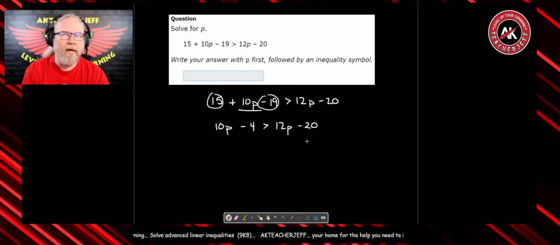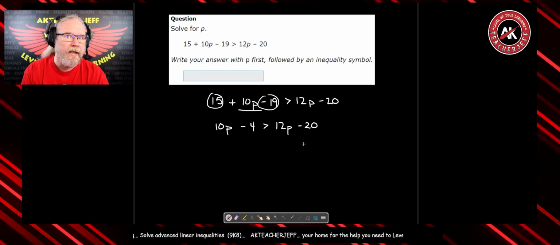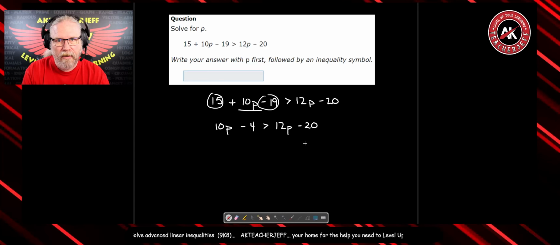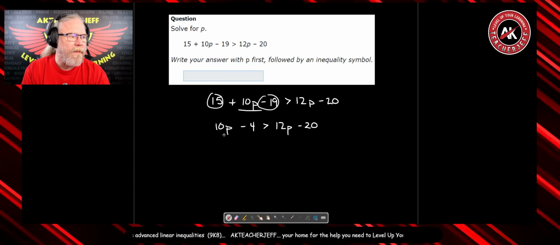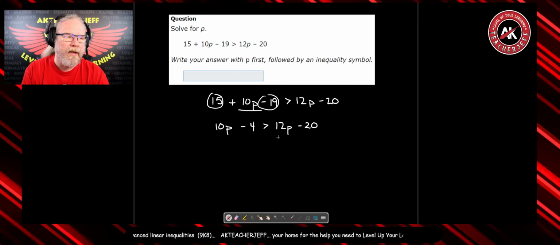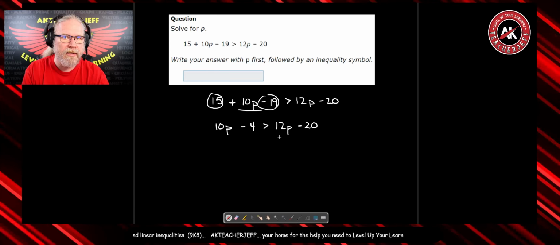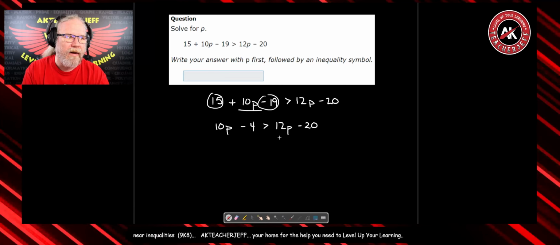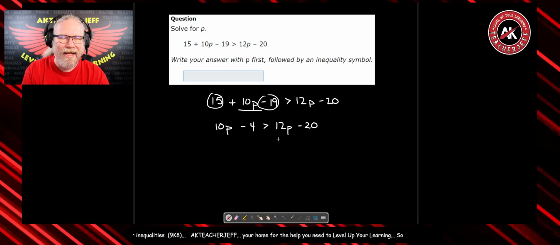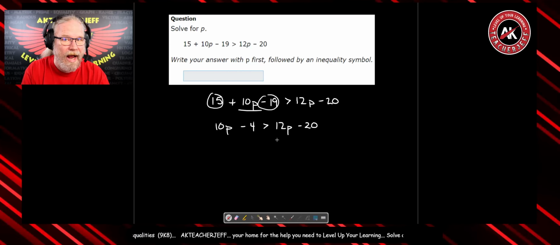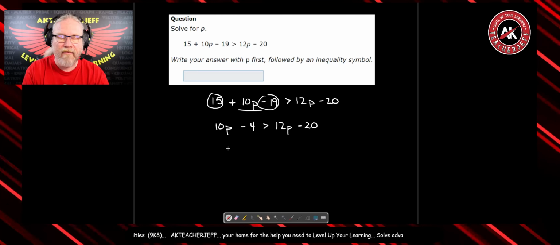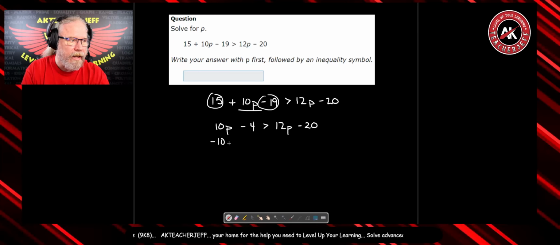Now let's get all of the p on one side, and then we'll deal with the constants after that. So notice I have 10p on one side, 12p on the other. They're both positive. So since they're both positive, I want to go ahead and add or subtract the one with the lesser absolute value. I want to take away 10p. And here's why.